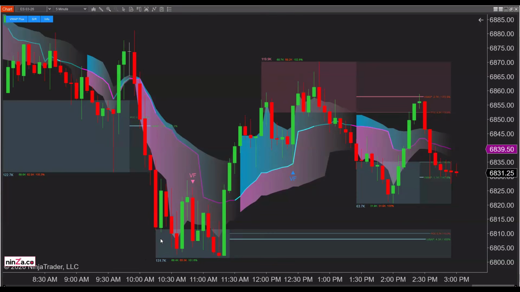Because price always tries to do what? Price tries to find balance. That's what it does. It looks for balance. It's the never-ending futile attempt at finding balance. There is never a balance. Otherwise, price would just stop.